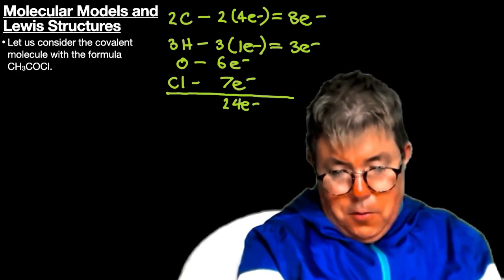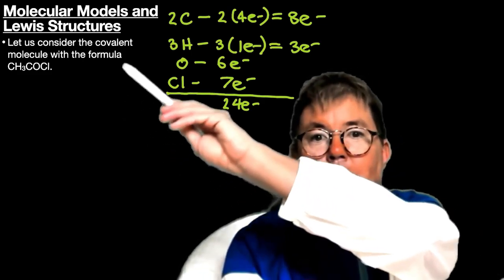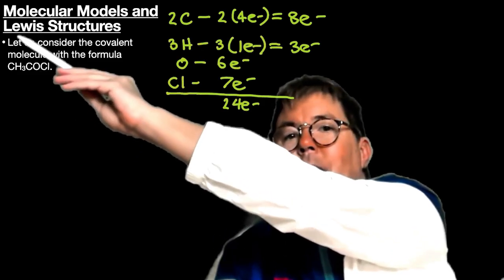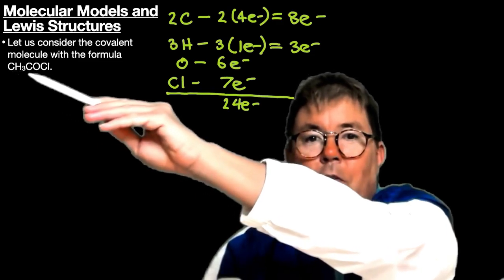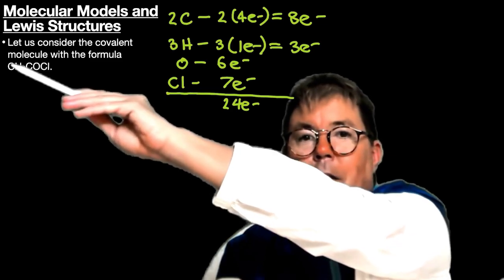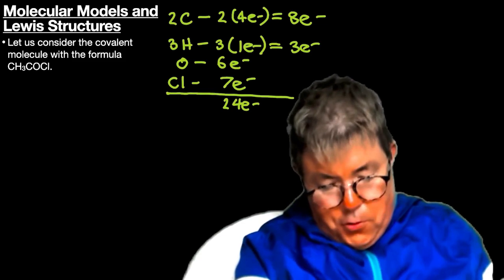If at all possible, the central atom is going to be carbon. So we have 2 carbons in the molecule, meaning what? That we have 2 central atoms. So I'm going to draw my 2 carbon.